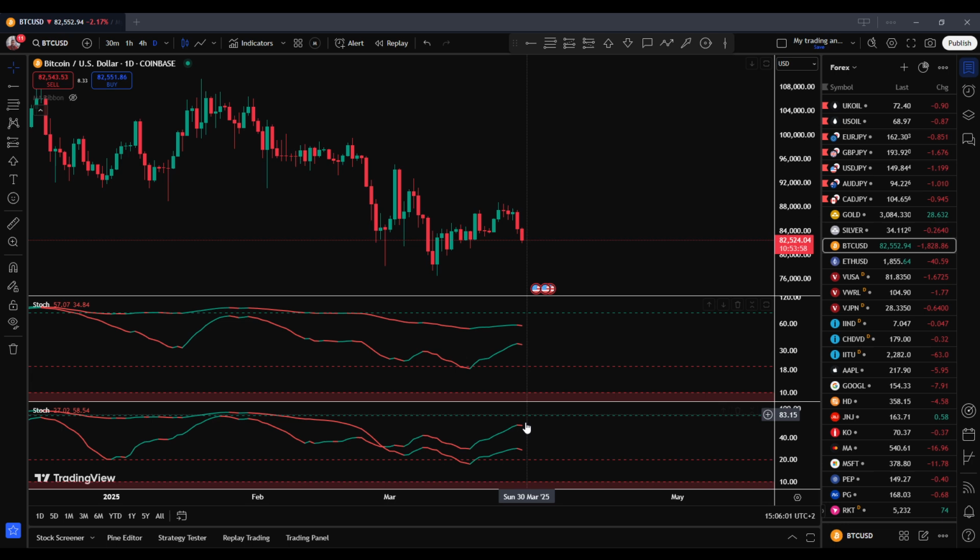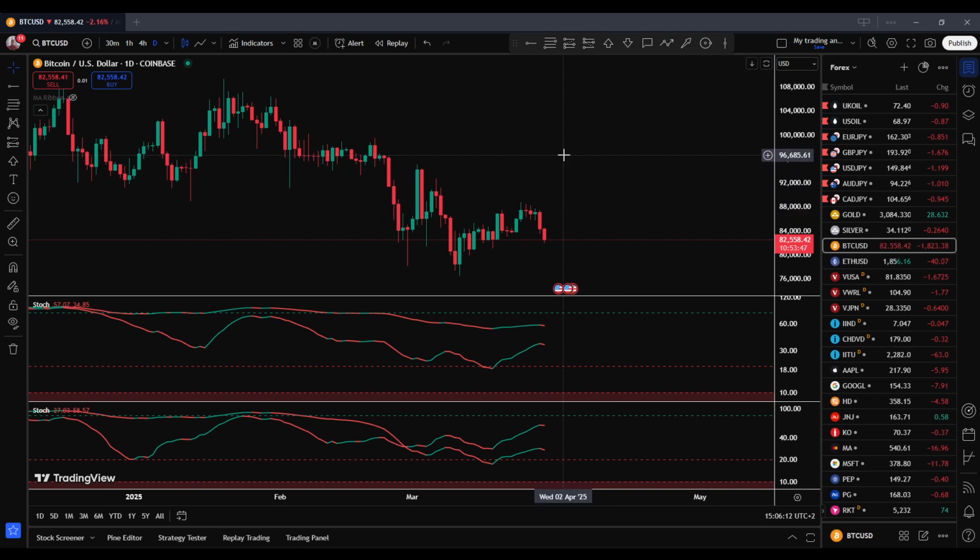On the daily, price is between the oversold and overbought zones. So for Bitcoin, still nothing, no signals for buy or sell.